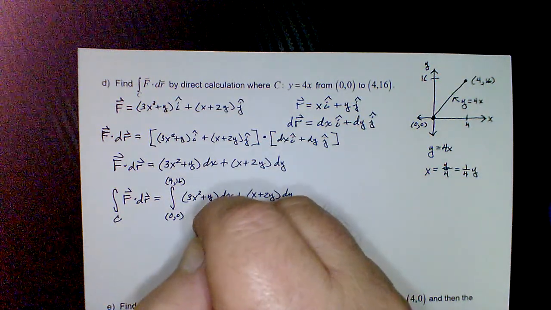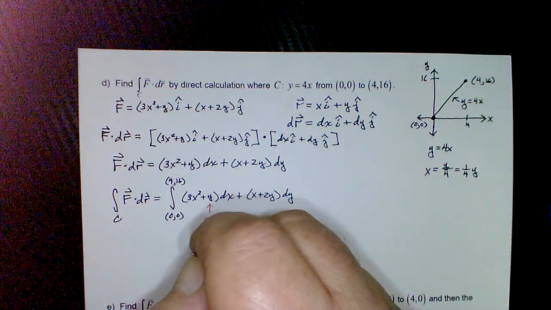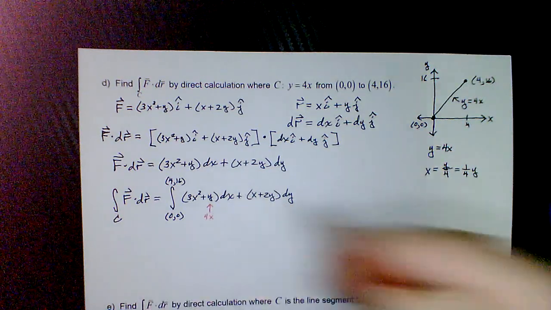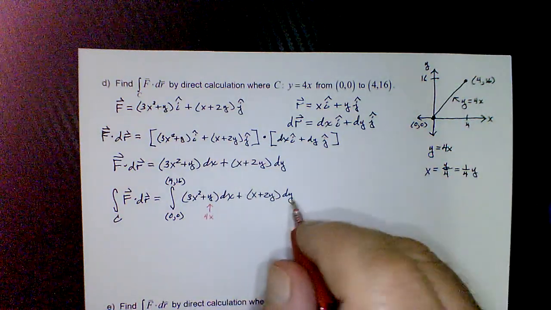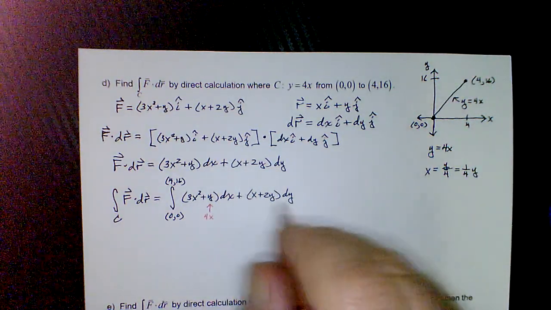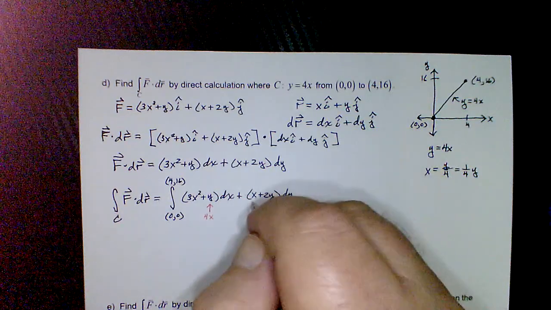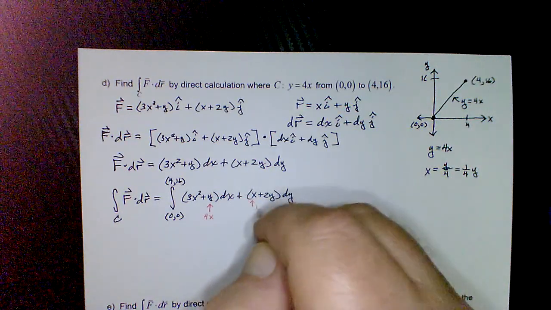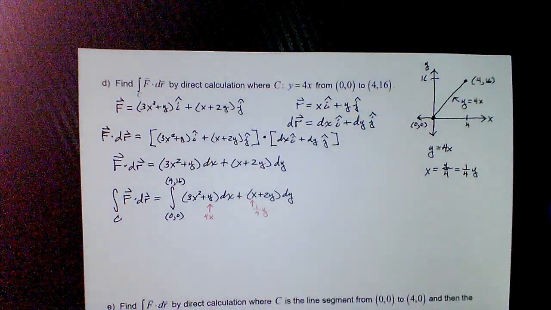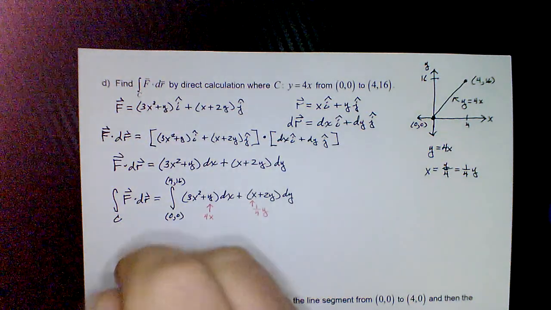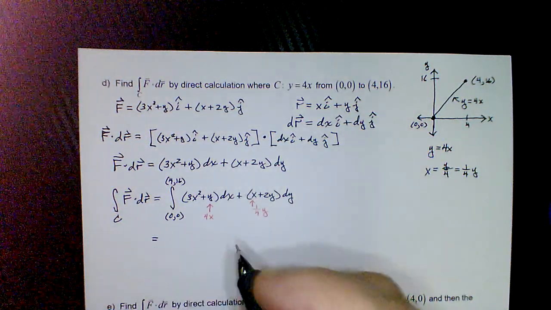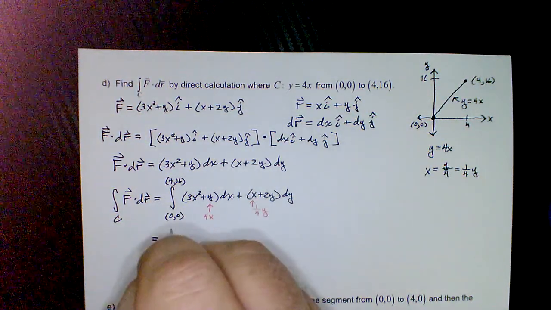So this y we're going to replace by 4x. And this one we want all to be in terms of y. So this x we're going to replace by 1/4 y. Okay, so then this becomes the integral.